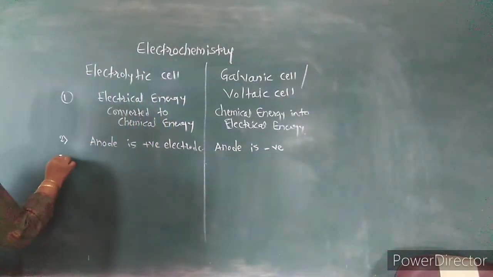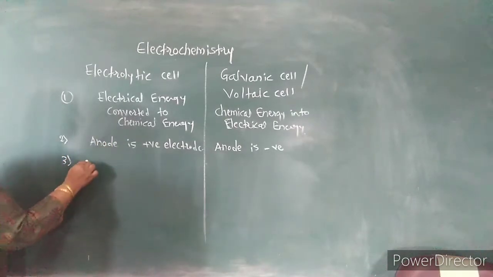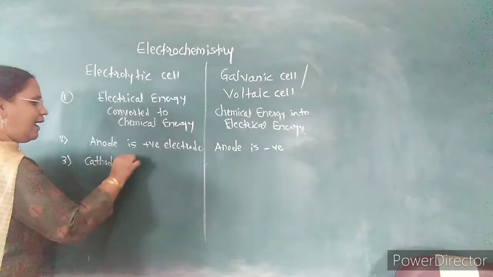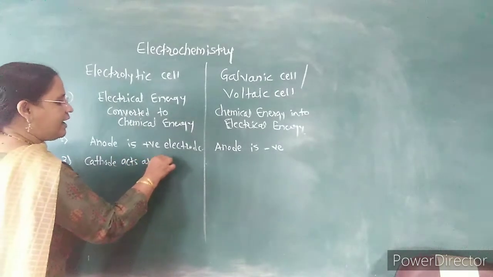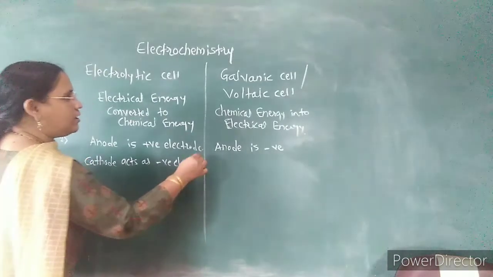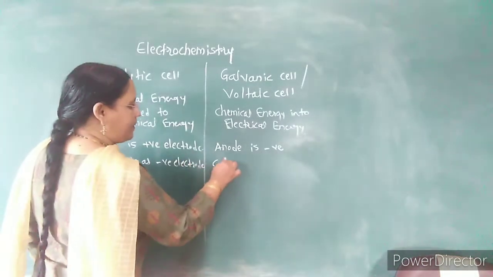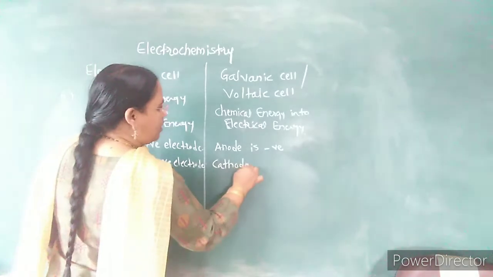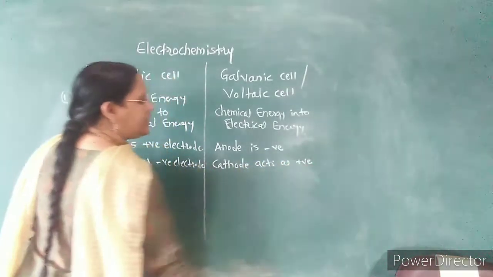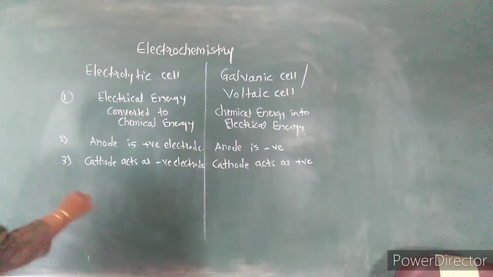If anode is positive here, then cathode acts as negative electrode, while here in galvanic cell, cathode acts as positive electrode. So that is the next distinction point.